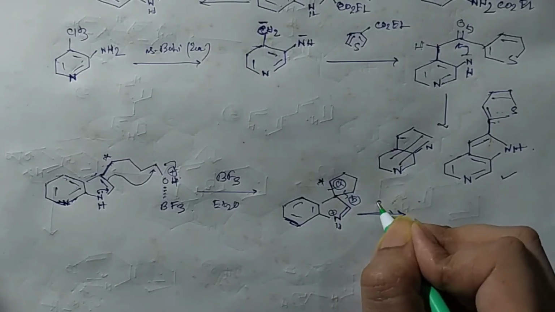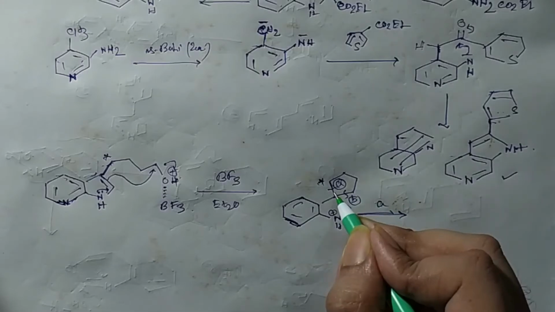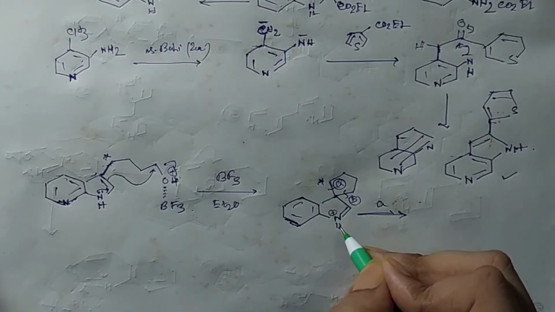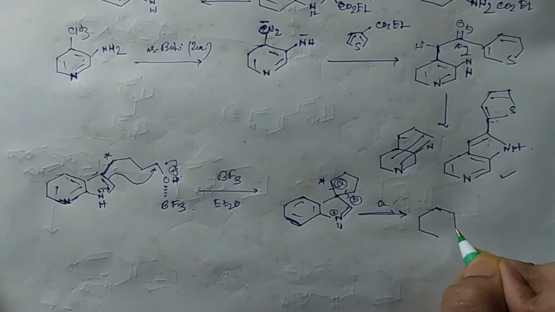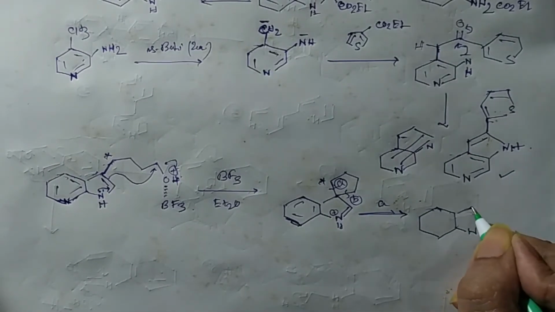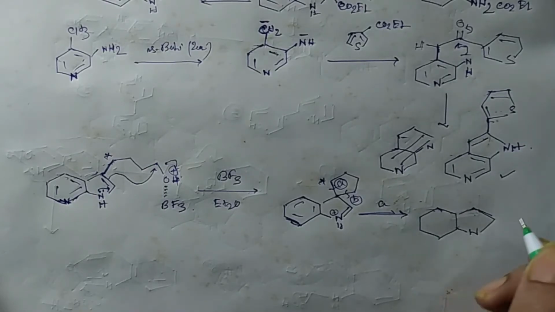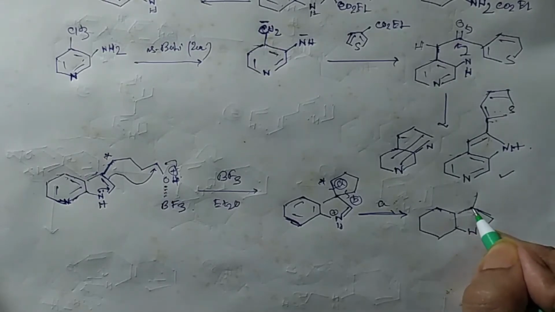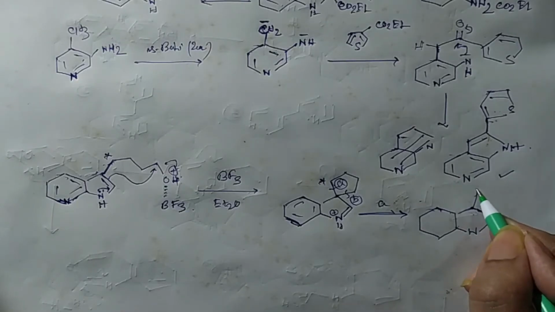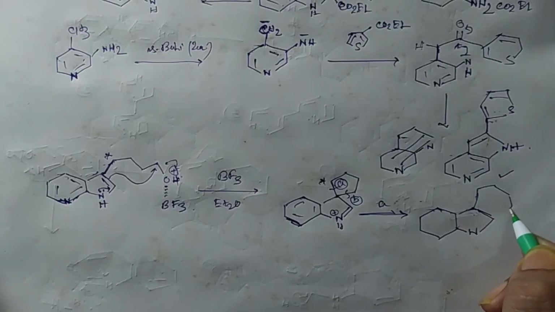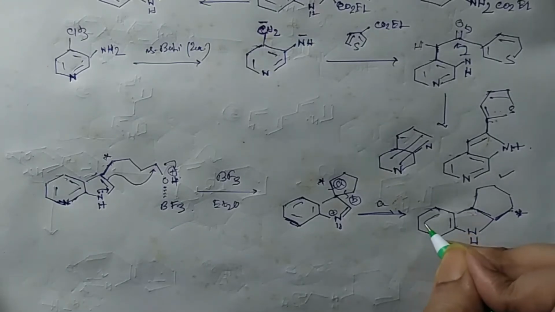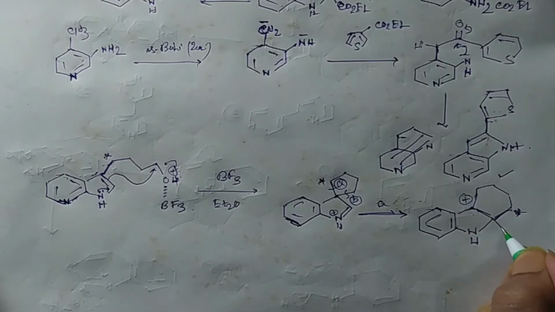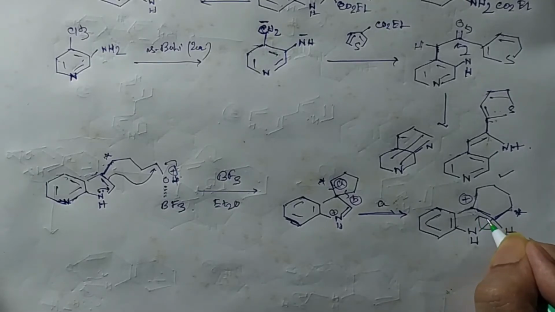From pathway A, this bond cleaves, this bond migrates to this, and this nitrogen gets satisfied. From pathway A we get a product where the marked proton will be here, there will be a positive charge, and here is a hydrogen, so that will eliminate.